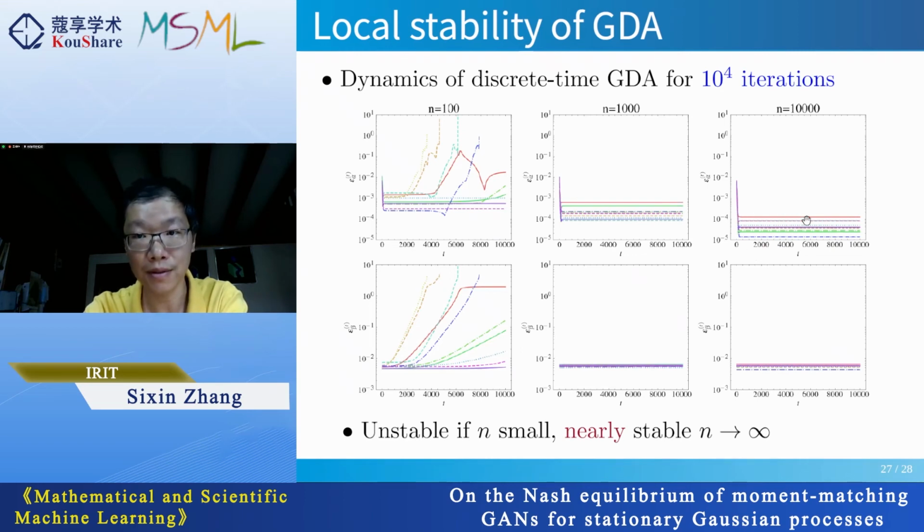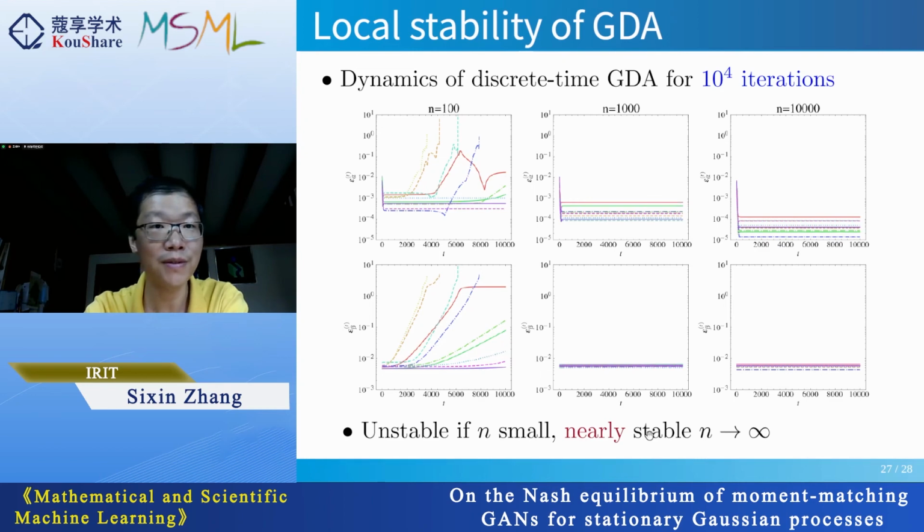We can still run this much longer, 10 to the 100 times longer. Then we can still observe that sometimes, even when n is big, these solutions start to slowly diverge. That's why it's only nearly stable.